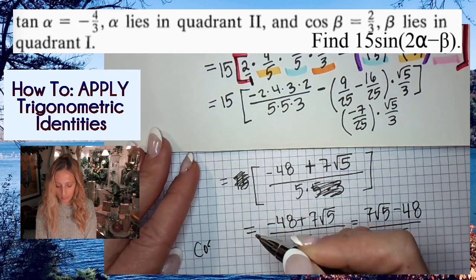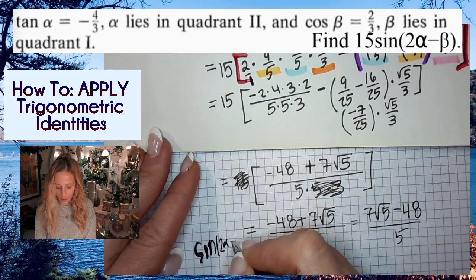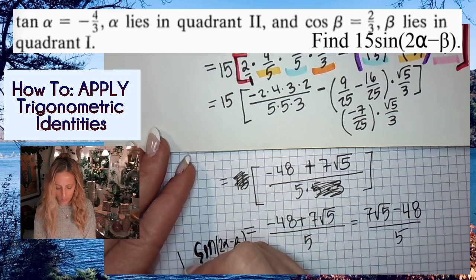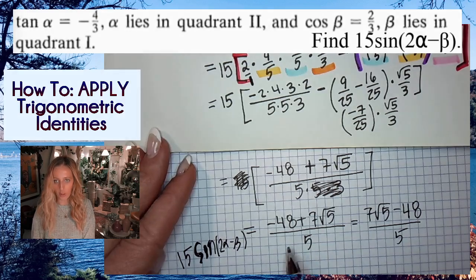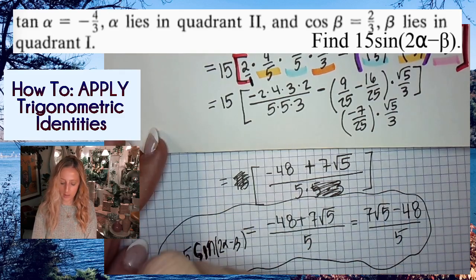Like, come on. I'm not finding cosine. What am I finding? Sine, sorry. So this was the answer to sine 2 alpha minus beta, yes, with the 15 multiplied out front. So if you have one of these answers with 75 on the bottom, you forgot to multiply it by 15, that is the final answer.